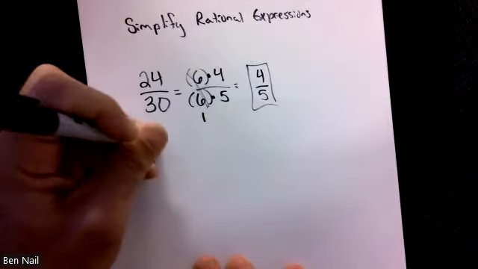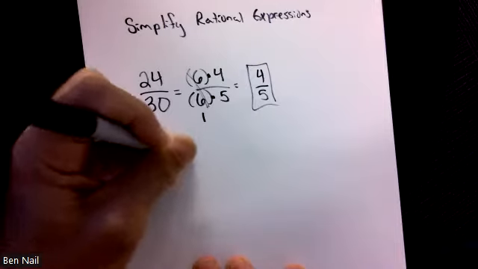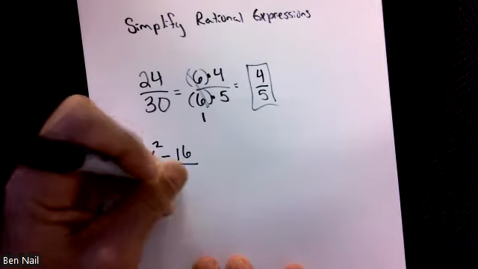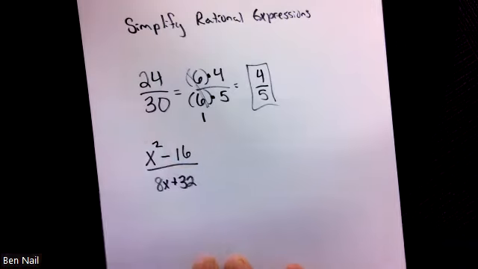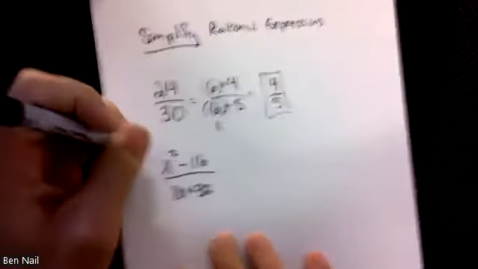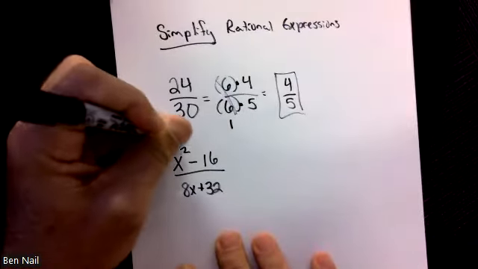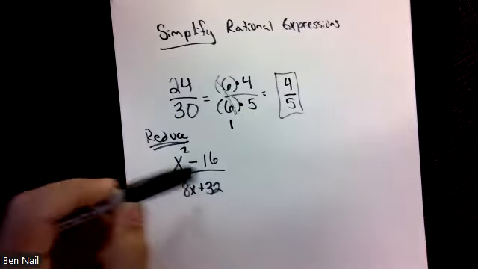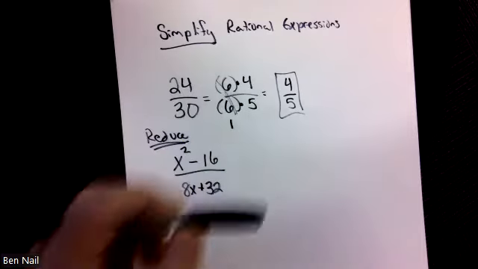For example, if they gave us something like this, x squared minus 16 over 8x plus 32, and we were told to simplify or to reduce, same thing. We have to turn this into a multiplication problem.